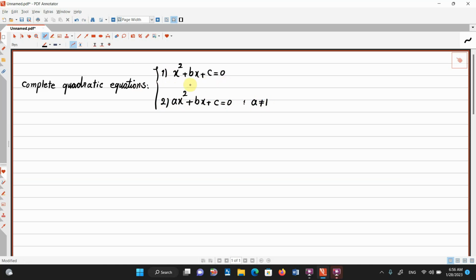Today, we are going to solve the first type of these quadratic equations. The best way to solve these quadratic equations is using the sum and product method.